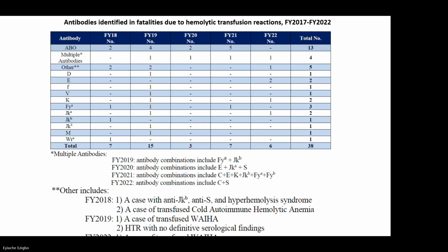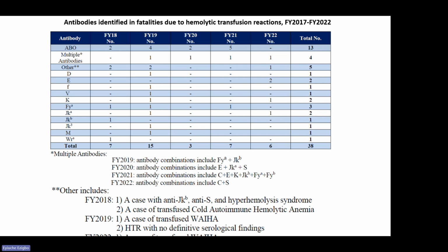Some antibodies have been identified to cause this type of reaction. According to the FDA, these are some of the antibodies that were implicated in the cause of acute hemolytic transfusion reactions. As at 2022, there are 6.